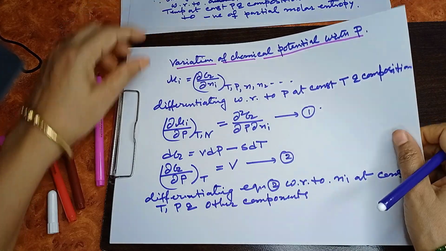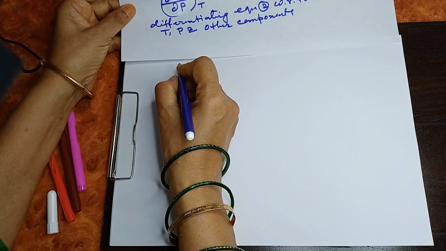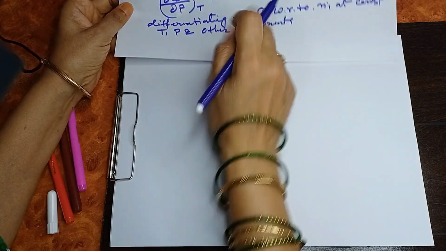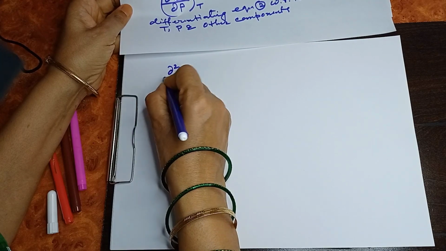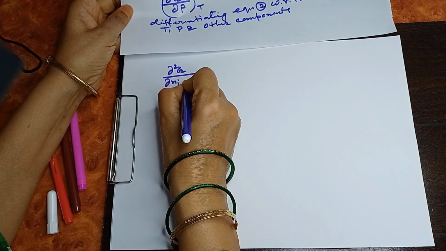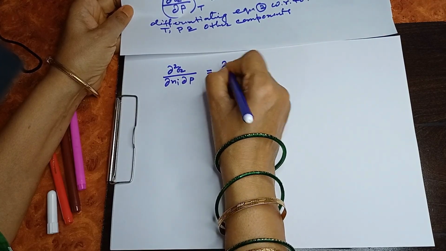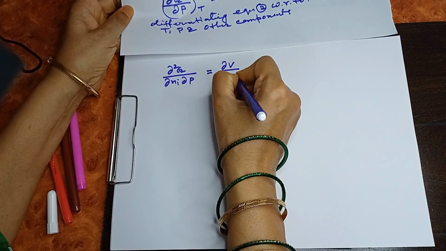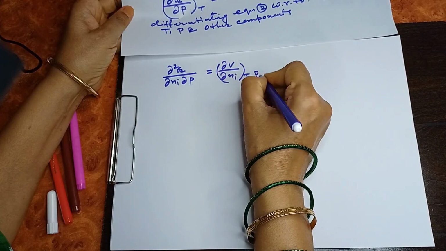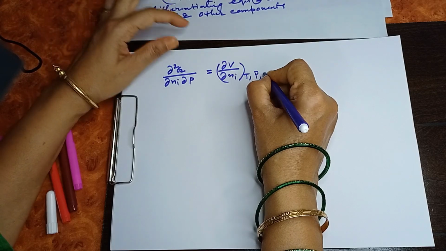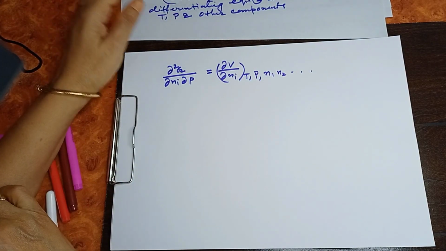Then it will be ∂²G/∂n_i∂P equal to ∂V/∂n_i at constant temperature, pressure and other components n_1, n_2, and so on.